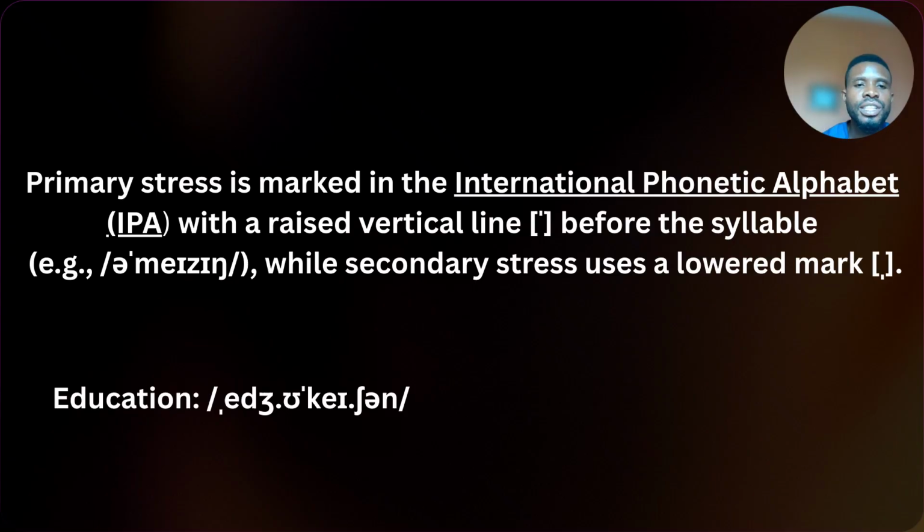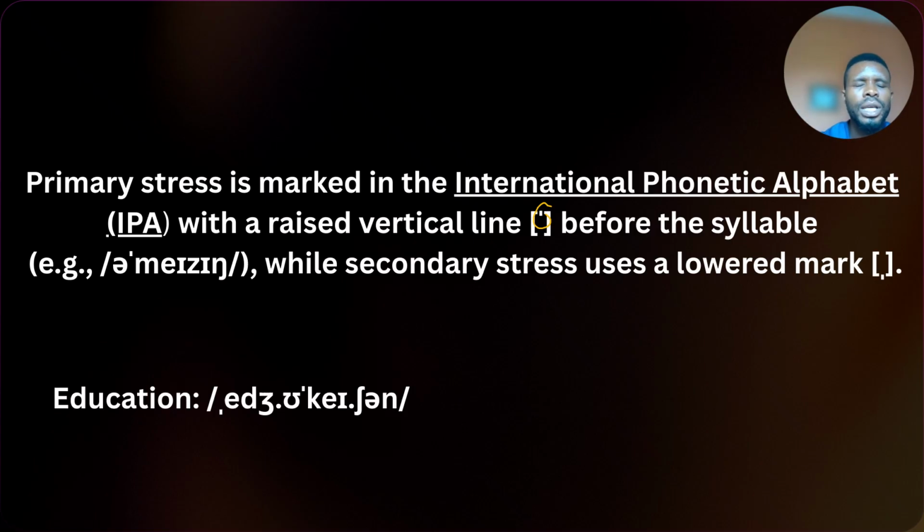So we place this raised vertical line before the syllable that is pronounced louder, that has a primary stress. Okay, we'll place that marker there. If you check a dictionary for the transcription of some words, you would see that mark before a particular syllable. That syllable that is placed after it has a primary stress. It is pronounced louder than every other syllable in that word.